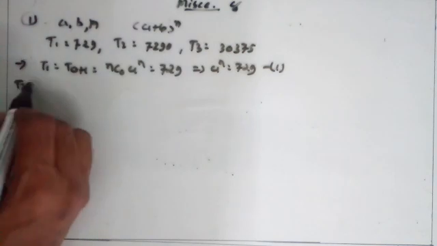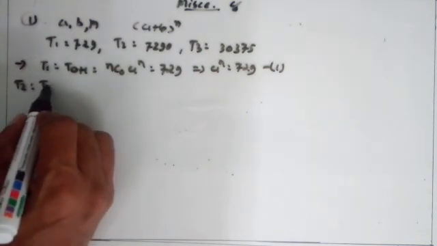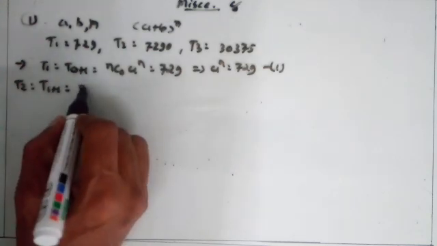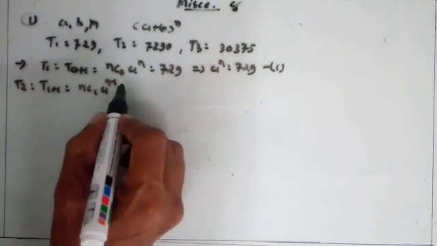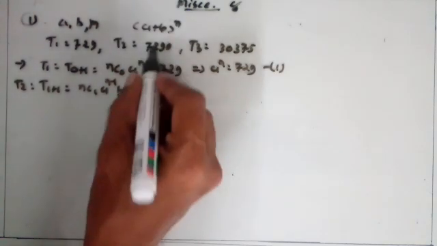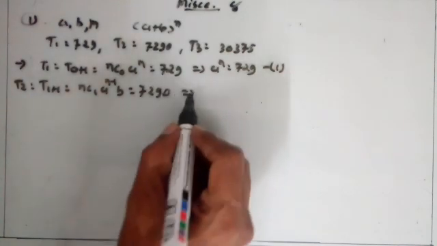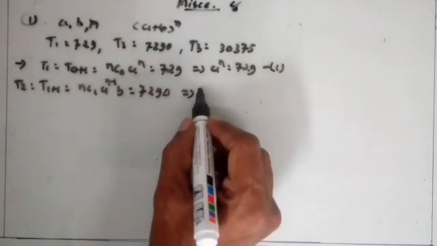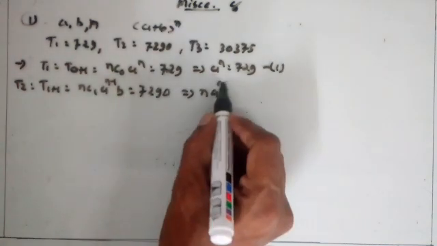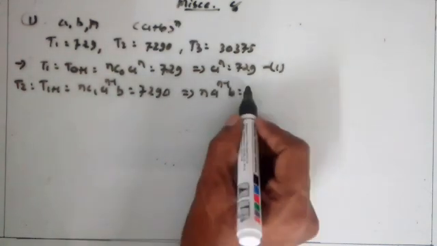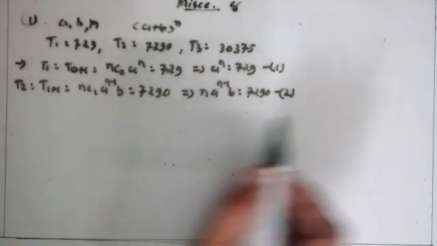Now T2, that is T1 plus 1, is equal to nC1 a raised to n minus 1, b raised to 1, which is given as 7290. This implies nC1 is n, so n a raised to n minus 1, b raised to 1 is equal to 7290. Take this as result number 2.